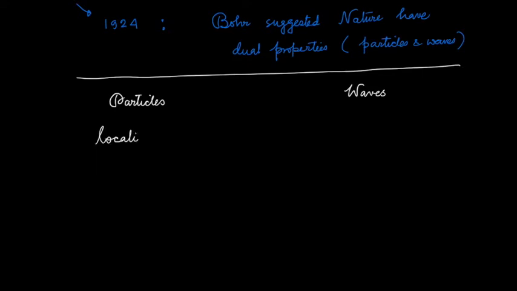So what is a particle? A particle is localized. Localized means it has a definite position at a given time.